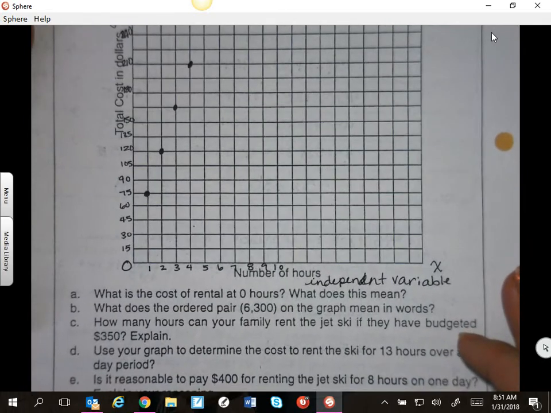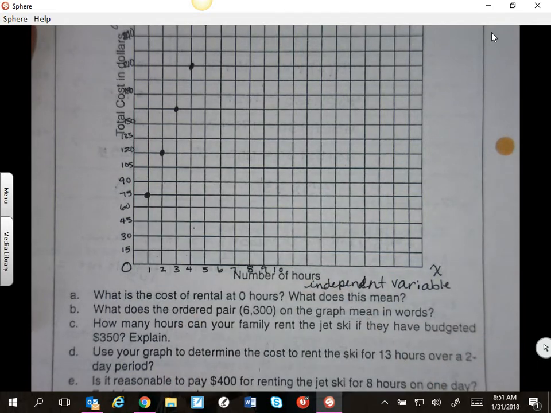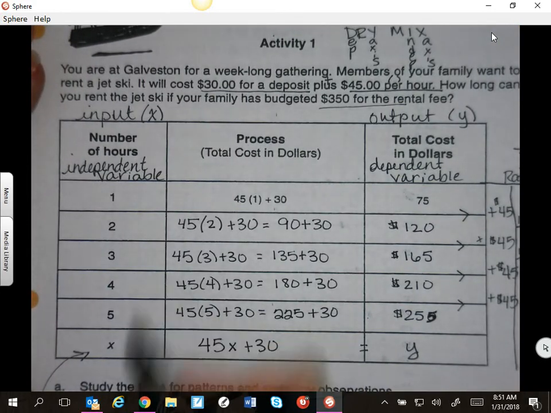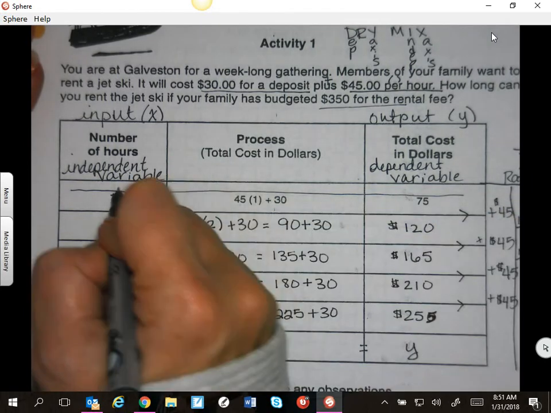I want you to look at question number, letter A. What is the cost at 0 hours, and what does this mean? Now, we did not have 0 hours, but what I want you to do is we're going to go back to our table. And we'll just draw a little line here. We're going to put in 0 hours.